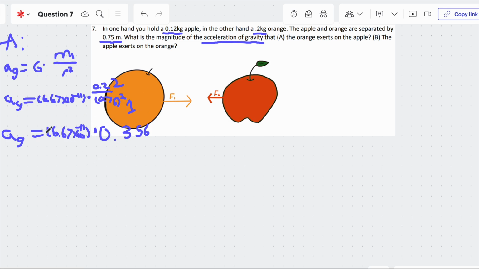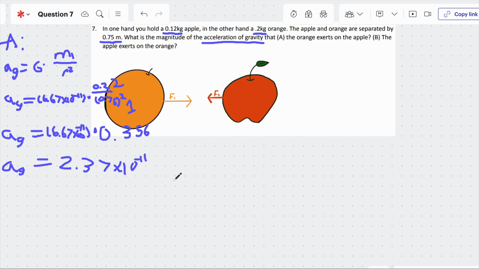So yeah, now we got this. We got our G. Let's just multiply those together. See what we get. So 6.67 times 10 to the negative 11th times our previous answer should give us about 2.37 times 10 to the negative 11th.